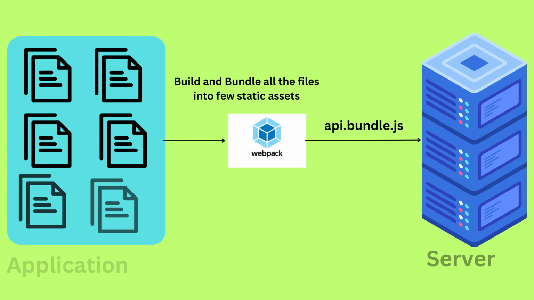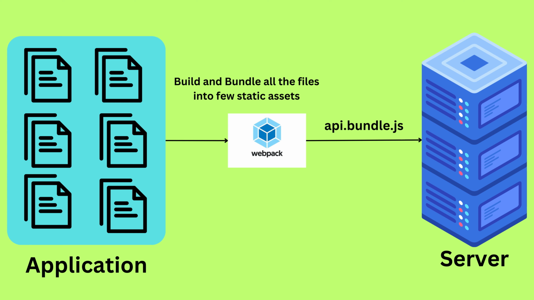If you look at this diagram, we have generated api.bundle.js in the previous episode without any environment specific variables. The problem with this is, if you take that bundle and deploy it into different environments, all the environments will have the same environment specific variables.